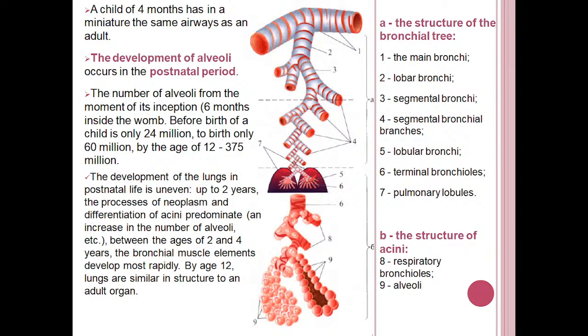The development of the lungs in postnatal life is intense up to 2 years, and the processes of neoplasm and differentiation of elastic tissue predominate. Between the ages of 2 and 4 years, the bronchial muscle elements develop most rapidly. By age 12, the lungs are similar in structure to an adult organ.